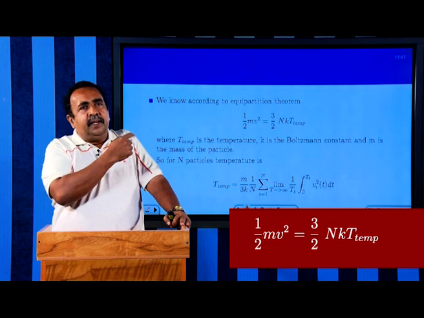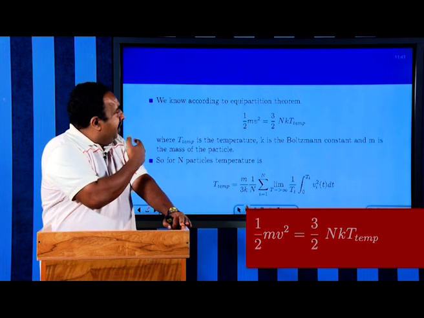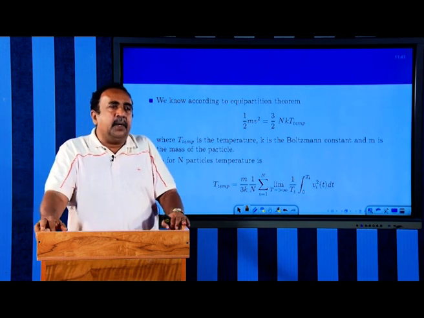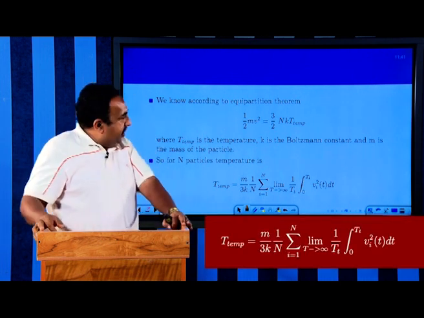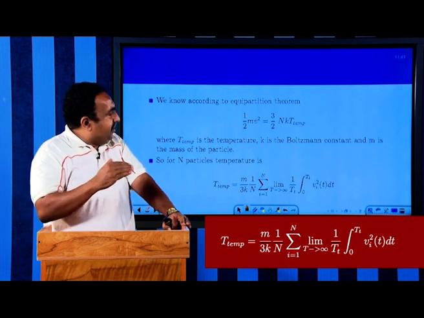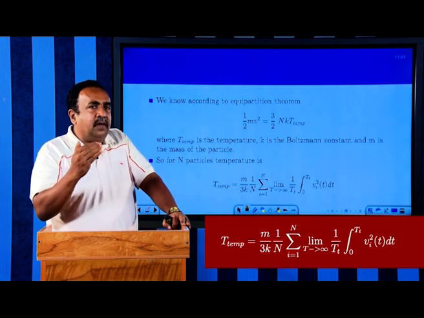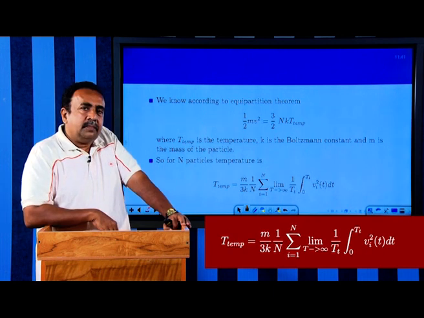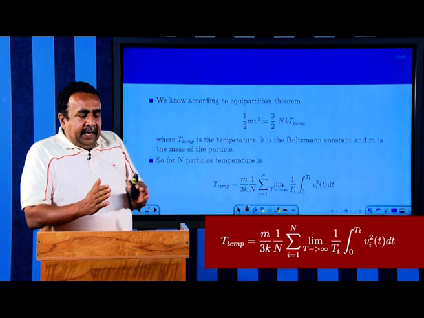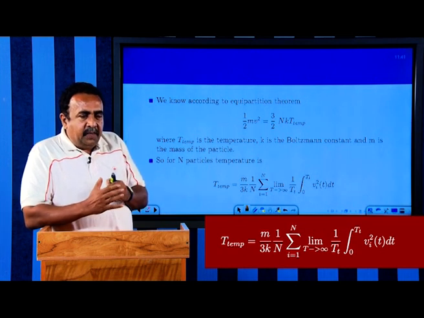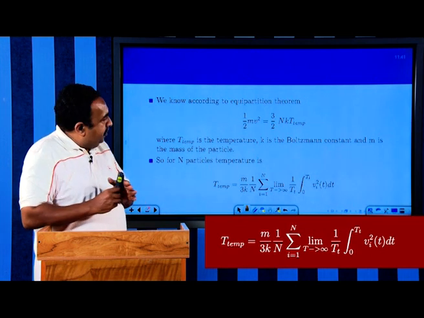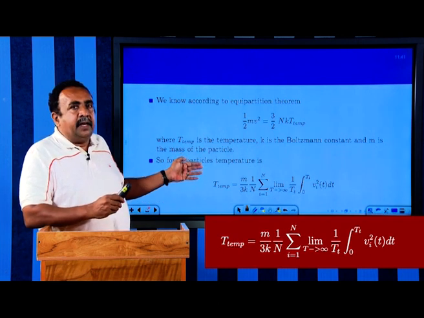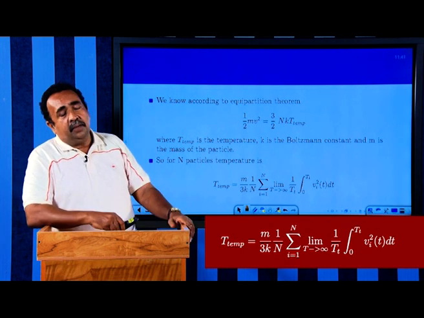Therefore, if I want temperature, I can cancel those two, and then rearranging, I will be able to get temperature equal to m by 3nk times the sum over all these velocities, average velocity square. And I am summing from i equal to 1 to n. That 1 to n indicates the different particles.